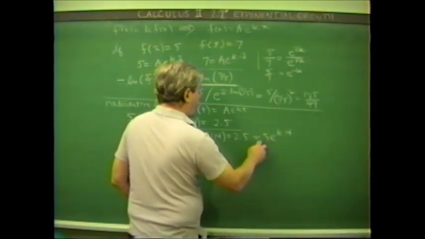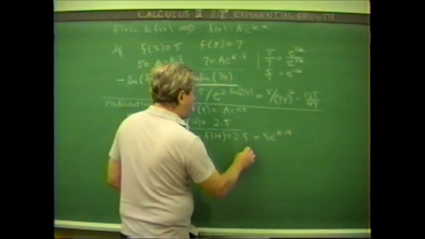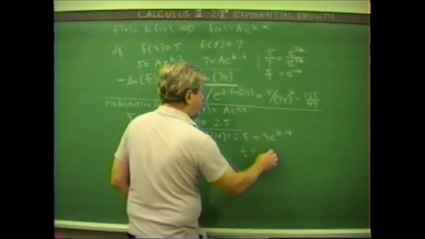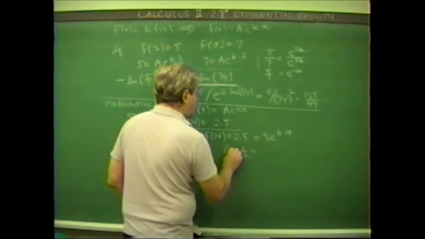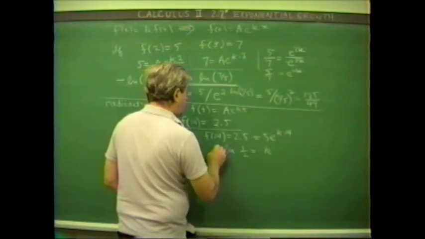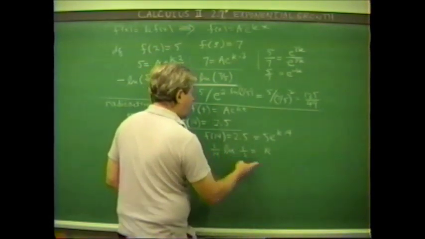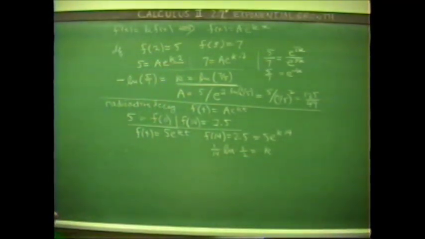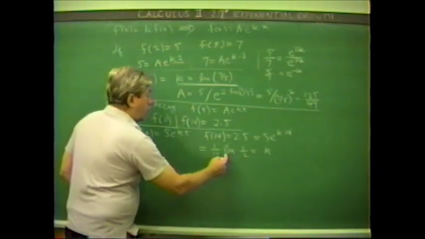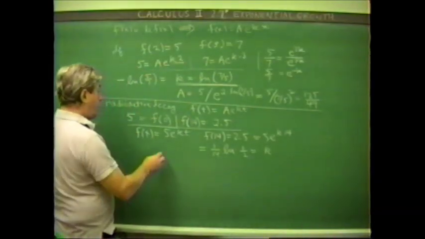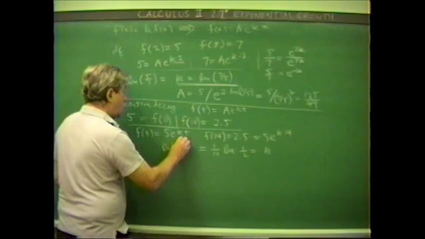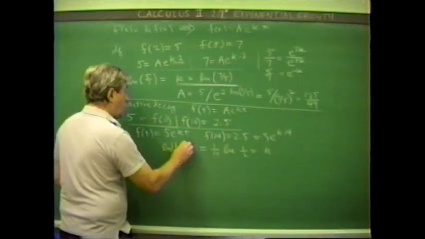So we get 2.5 over 5, which is a half, is equal to e to the k times 14. Taking the logarithm of both sides, we get that this is k times 14, and so 1/14th log of a half is k. That's to say, k is equal to, bringing the 14 inside the logarithm, the logarithm of 1/2 to the 1/14th.